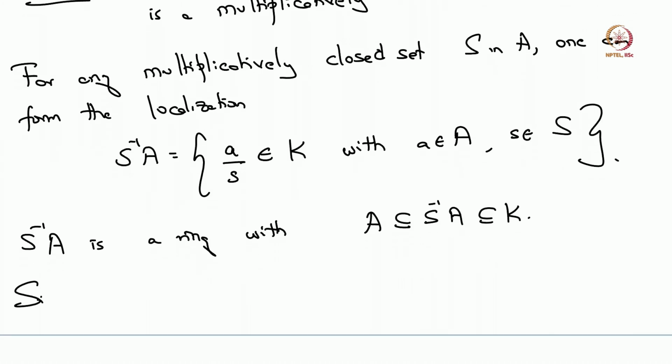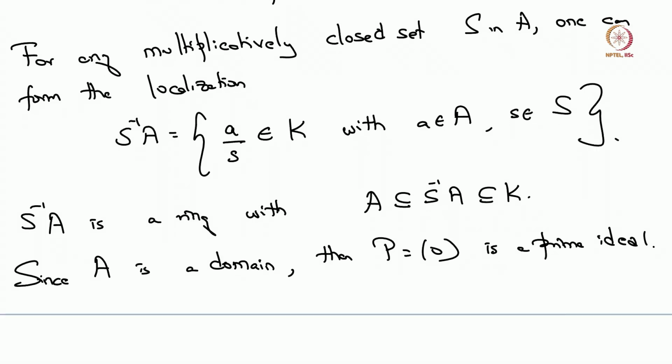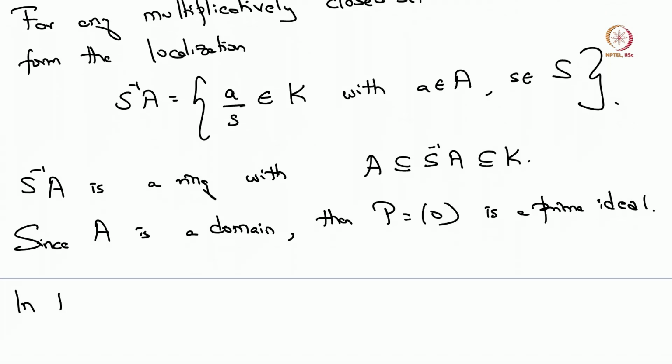And note that since A is a domain, one example of a prime ideal is the zero ideal. And in this case, the set S_P is just all the elements of A that are not 0.